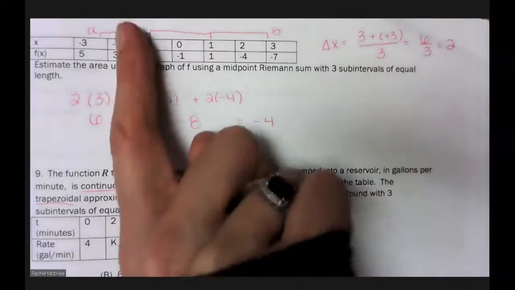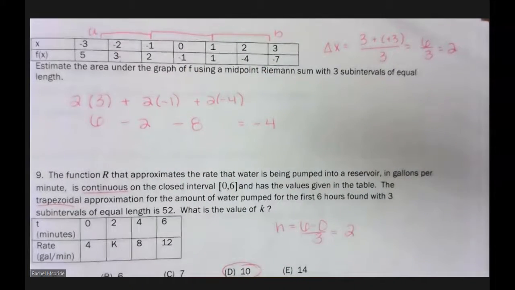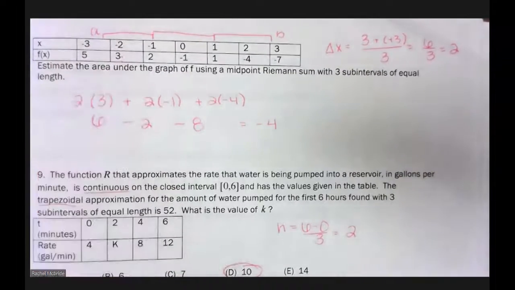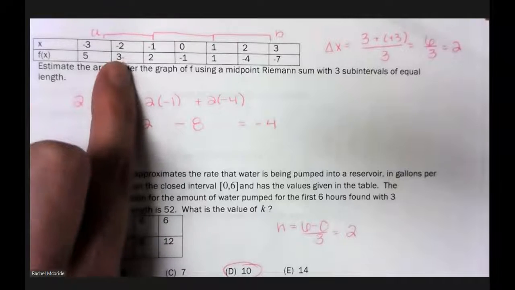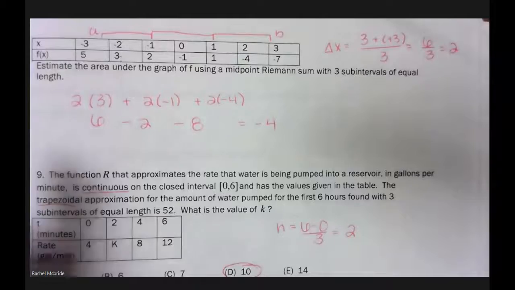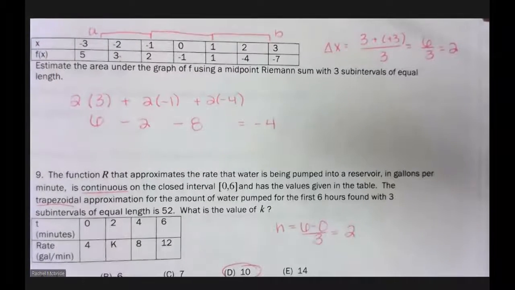So we actually skipped values on my table when setting up our rectangles. So you can see I sort of drew my rectangle from here to there, and if I'm using the midpoint, then I'm picking the value in the middle to get my height from. If it was a left or right, then you would still just pick the far left or the far right, depending on where that rectangle was.